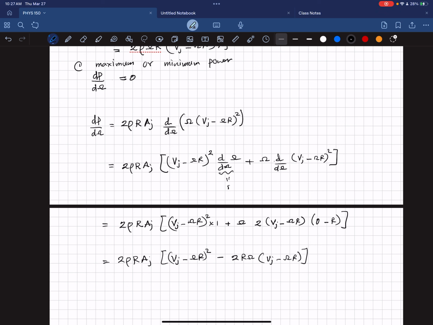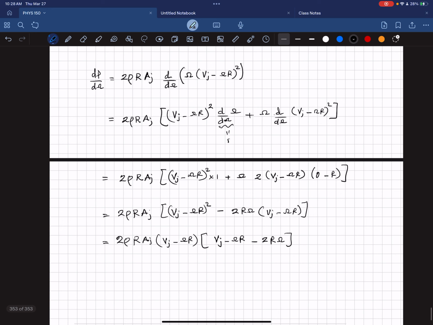Vj minus omega r is a common factor for these two, so we can take that term out. So we have 2 rho r Aj, Vj minus omega r, times Vj minus omega r minus 2 r omega. This is Vj minus 3 omega r.